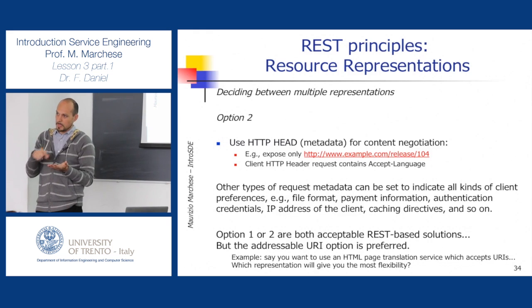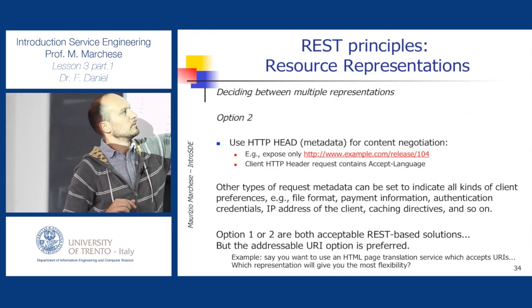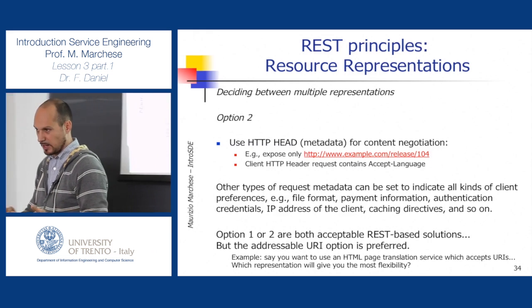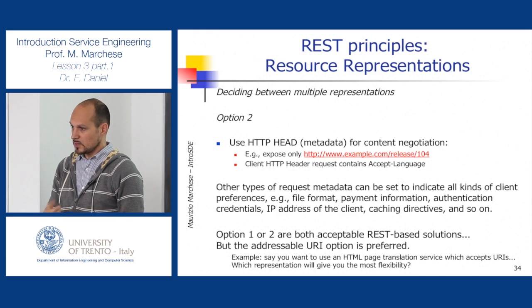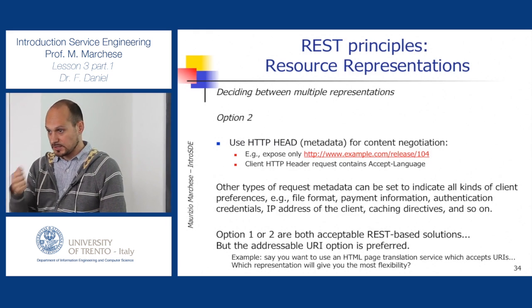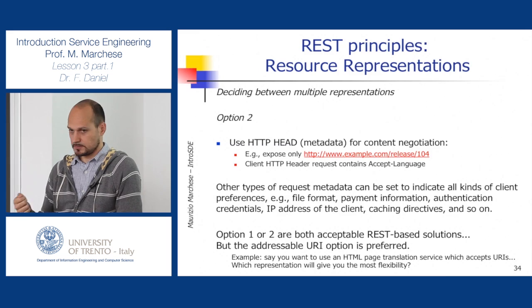Then you choose, and you put into your own GET request what kind of accept language, or more or less the parameter that you need to set, what kind of representation you want to have. The web browser typically asks for HTML pages, or it asks for JPEG images.